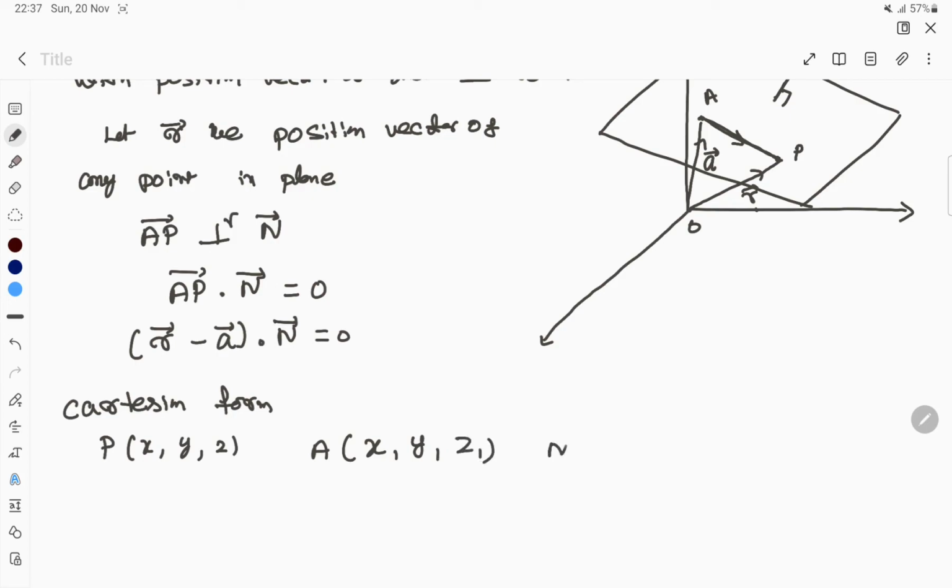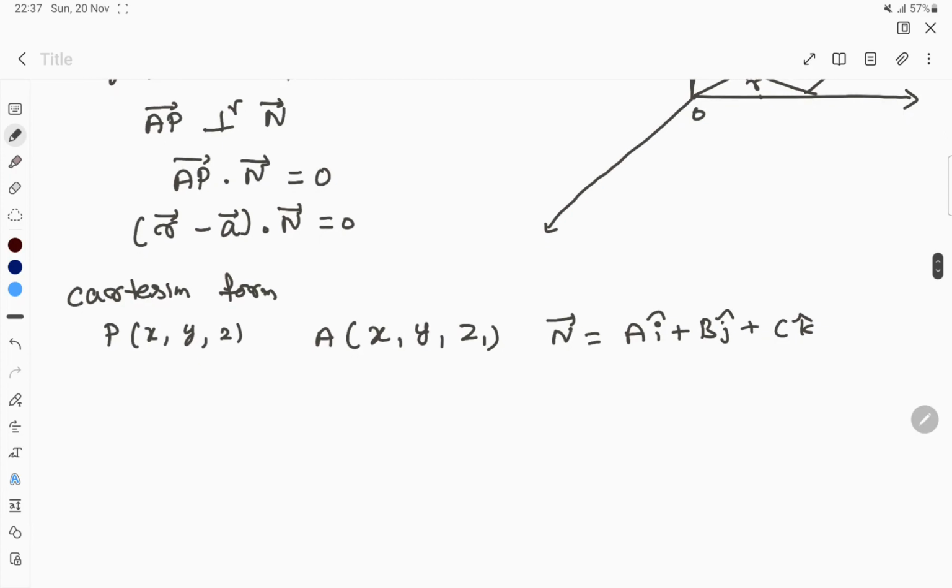And n is a vector that always contains direction ratios, ai plus bj plus ck. So we have the components from a point and a vector to apply to this formula.